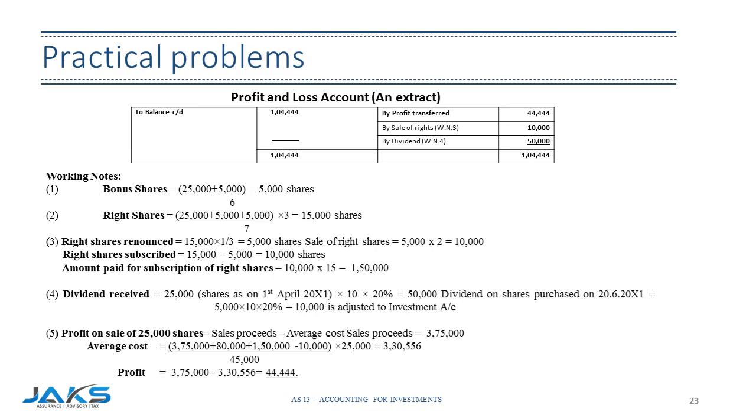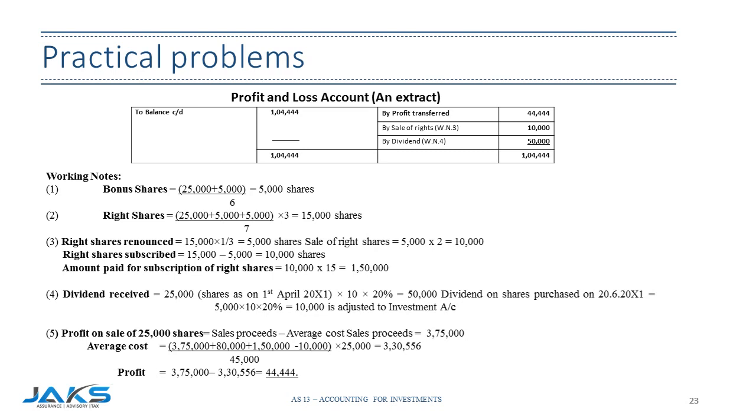Average cost equals 375,000 plus 80,000 plus 150,000, then we get total purchase cost, then we deduct the dividend received, which is adjusted against the cost of purchase from this. That is ₹10,000. So total purchase cost equals 595,000.